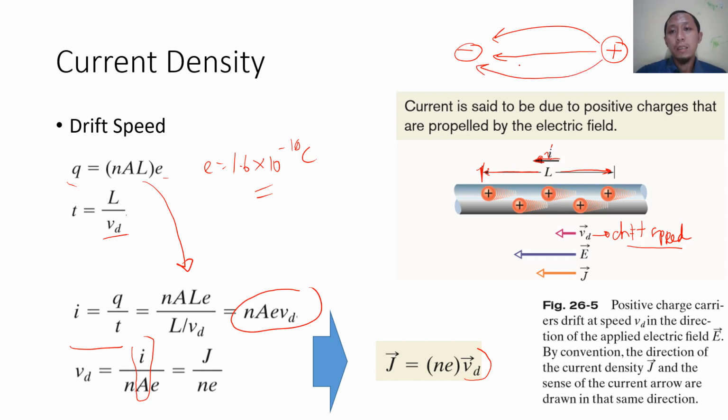So if the charge moves from one side to another, the electric field direction is similar to the direction of the positive charge movement. So the electric field direction is equal to the direction of the current, and the direction of the current density is also equal to the direction of the current. So please remember this.